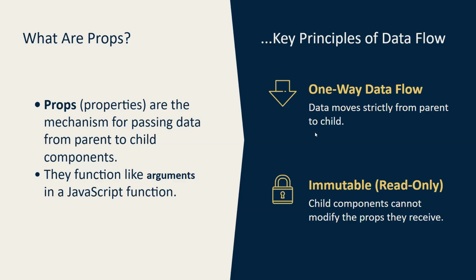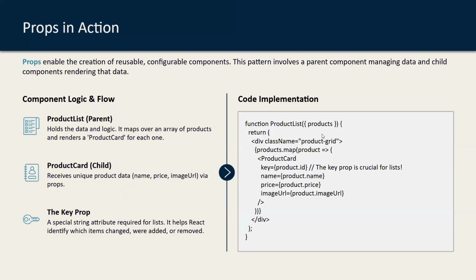Now, let's look at this small example to show how a parent sends props and how a child receives them. In this example, the parent component is the product list, and its job is to hold the data and the rendering logic.